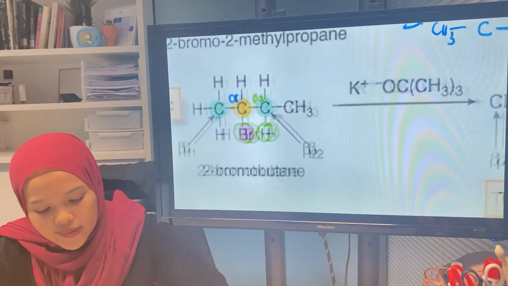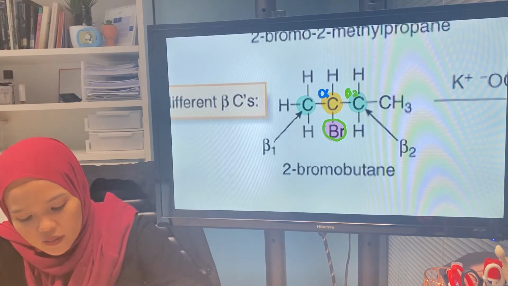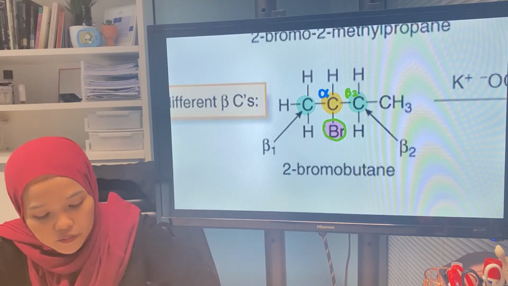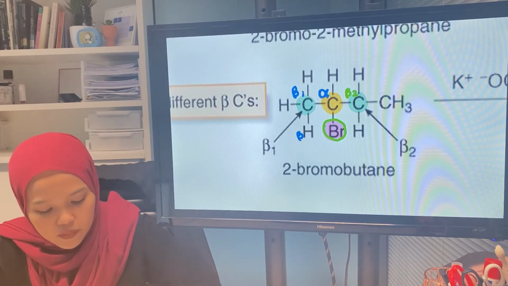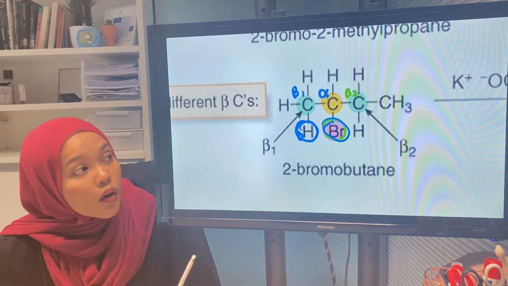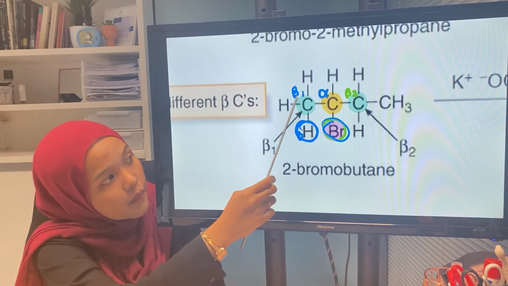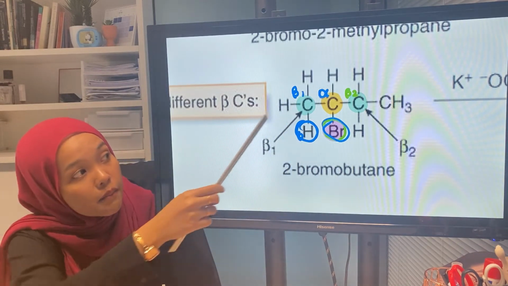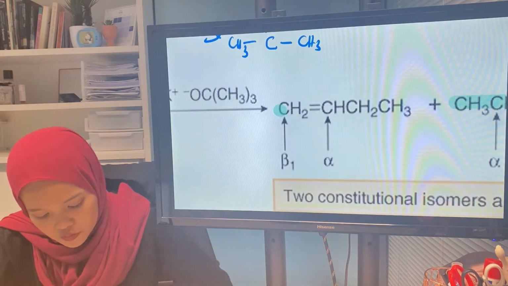What if I remove the beta hydrogen from beta carbon 1 here? I remove this one and the Br. In this case, the double bond will form between alpha carbon and beta carbon 1, so you are going to produce this product.